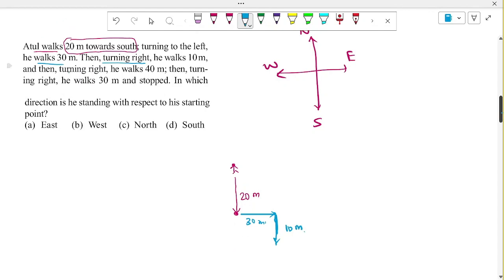And then turning right, he walks 40 meters. After coming here, he is going to turn right, 40 meters.